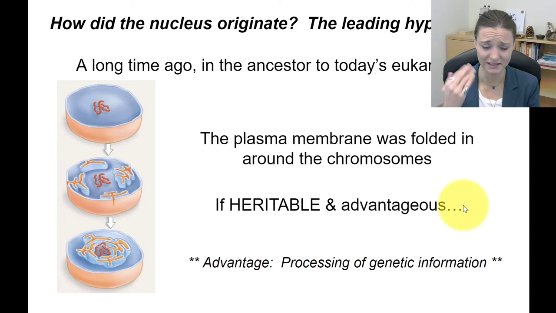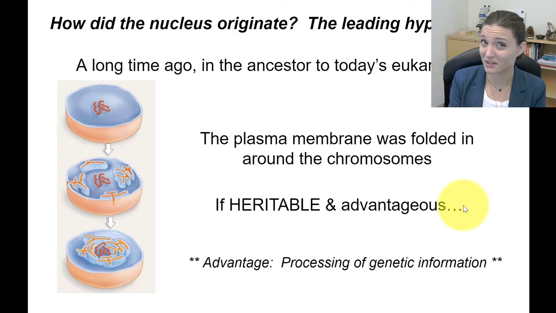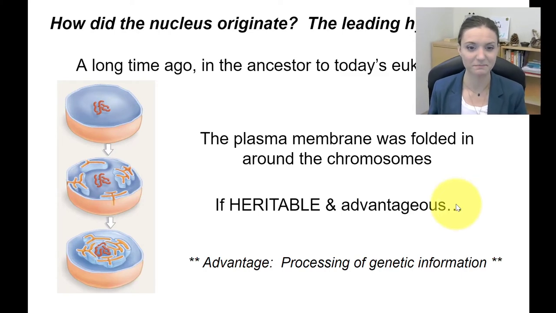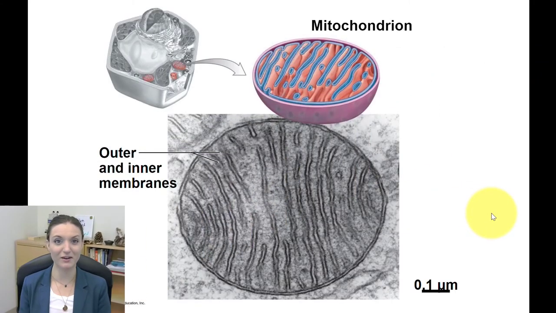So separating out the process of transcription and translation means that we can make more diversity of proteins, which is pretty handy. If your main goal in life is living and reproducing, having a wide variety of proteins that you can make by separating out these processes is definitely going to be advantageous. Okay, let's talk about the mitochondria.